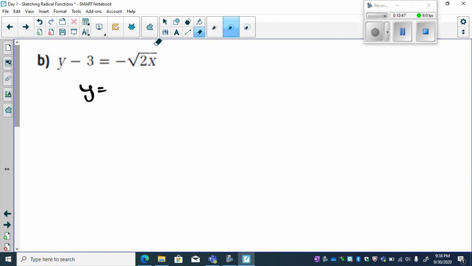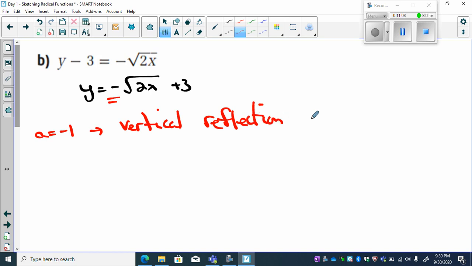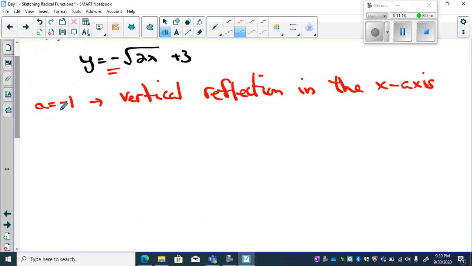Let's do one more. I'll just move the 3 over. So it'll be -1 times the square root of 2x plus 3. See, my a value is -1. That means no vertical stretch. There is only a vertical reflection in the x-axis. Some people would say there's a vertical stretch about the x-axis by a factor of the absolute value of -1, or 1, but you don't need to say that.